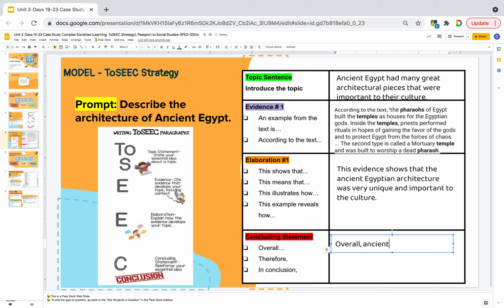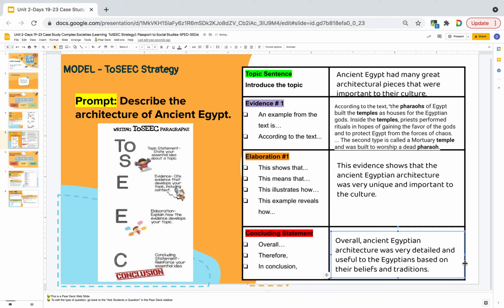Overall, ancient Egyptian, that is capital, architecture was very detailed and useful to the Egyptians based on their beliefs and traditions.